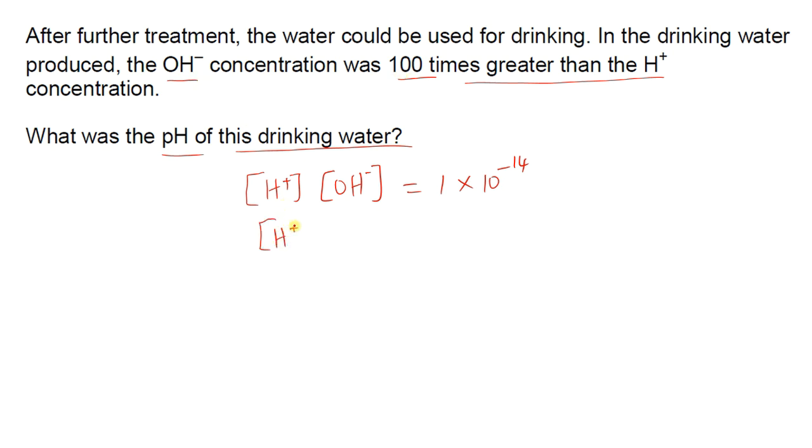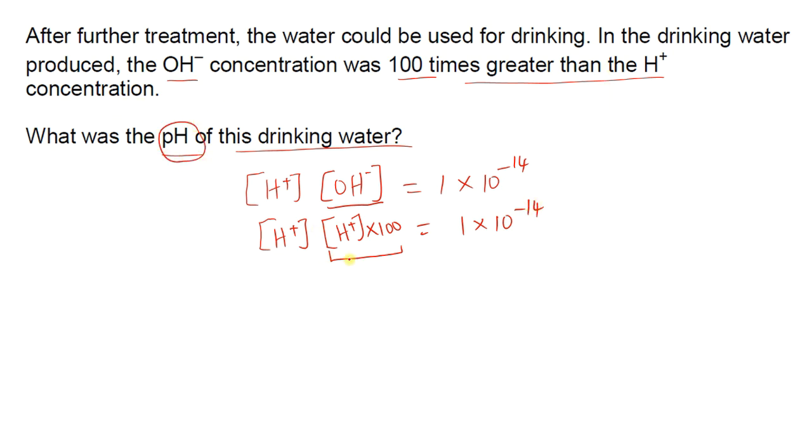So instead of OH, I'm going to write 100 times H plus. Okay, H plus times 100. So instead of OH, write 100 times H plus. That allows us to solve for H plus, because we need to find the pH, right?